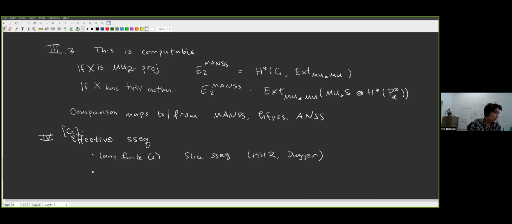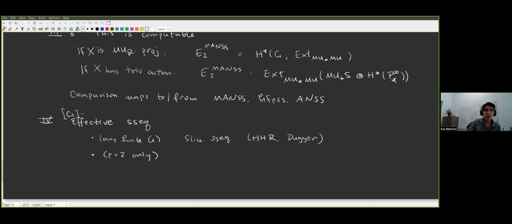But it can be hard to compute. And at p equals 2 only, we have what is regarded as a better slice spectral sequence. In motivic spectra, there's a motivic effective slice spectral sequence, and there's a Betti realization functor to C2 spectra, and whatever comes out of this Betti realization is the C2 effective spectral sequence.